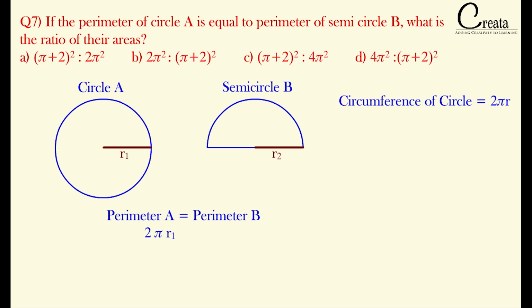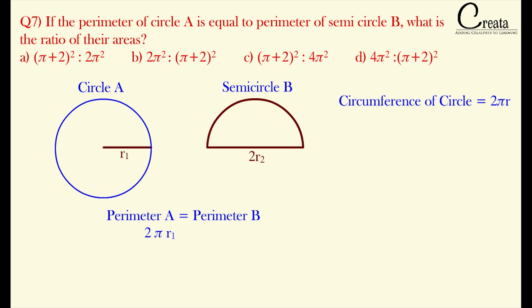Moving further, the perimeter of this semicircle B will be equal to the length of the total boundary of this semicircle. Here we have assumed the radius of the semicircle as r2. So this total distance will be equal to r2 plus r2, that is 2 times r2. And the length of this distance will be equal to half of the circumference. And we know the complete circumference is equal to 2 pi r, that is 2 pi r2.